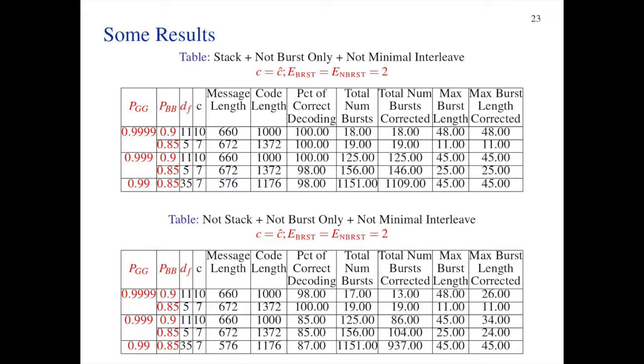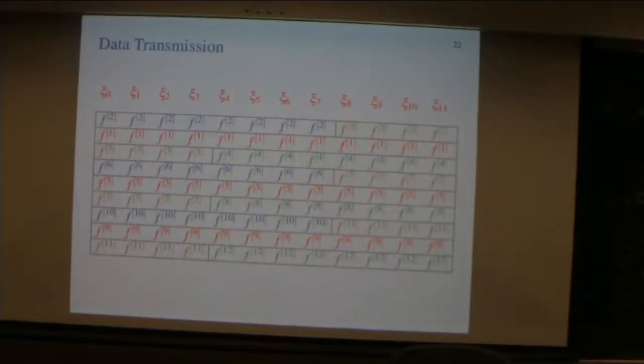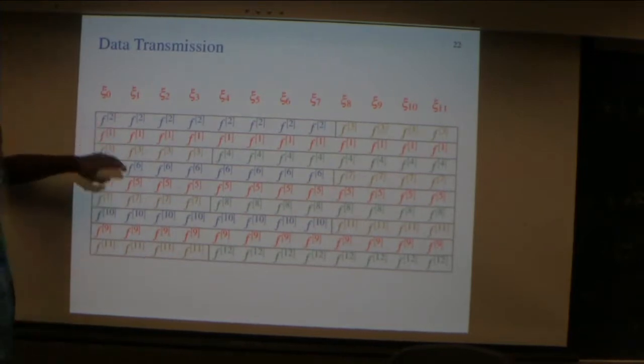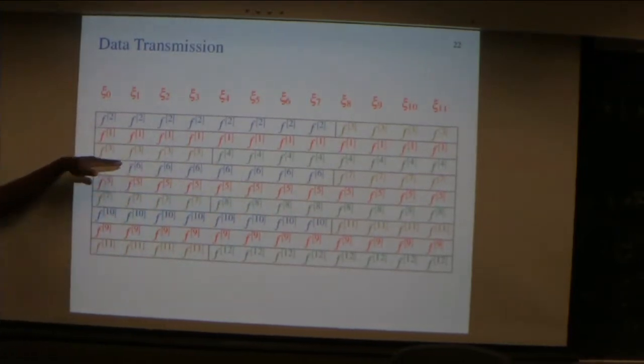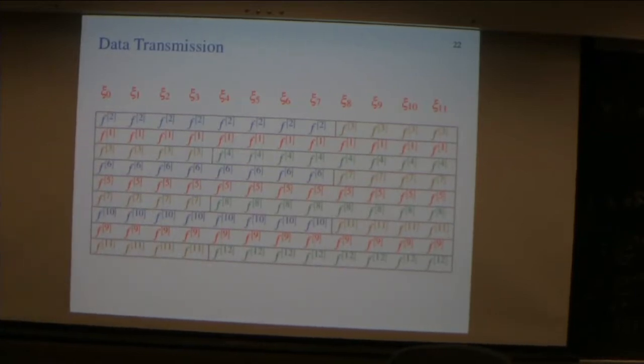The problem with that is, as you alluded to earlier, it's a bad assumption that when an error occurs, it will affect the entire vector, especially in the transmission model, because I don't know where the errors are going to occur. If I just sent it this way, and this was the only red value, I'd need my burst to be at least 1, 2, 3, 4, 5 long to correct.